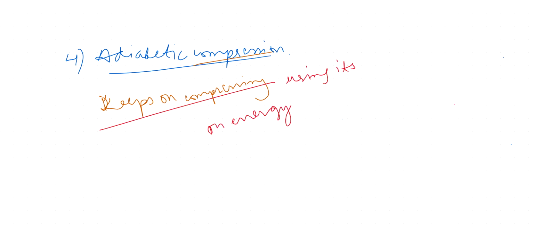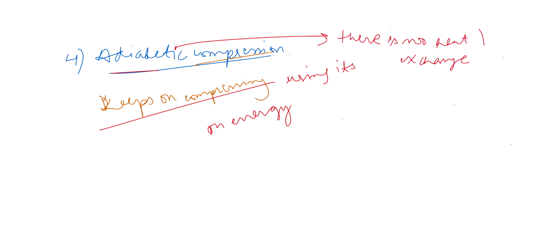So we understood that the isothermal process happens at constant temperature, but in adiabatic there is no heat exchange. So you have to remember, it is compressing using its own energy, which results in the increase of temperature.